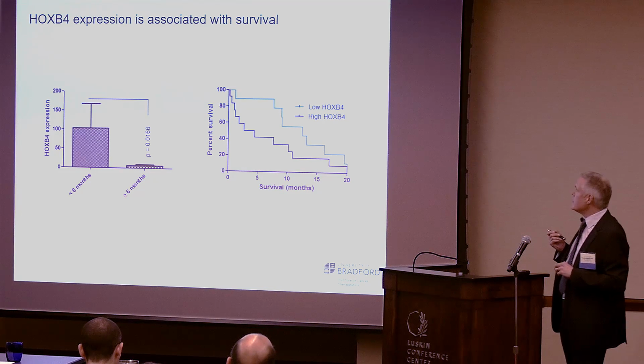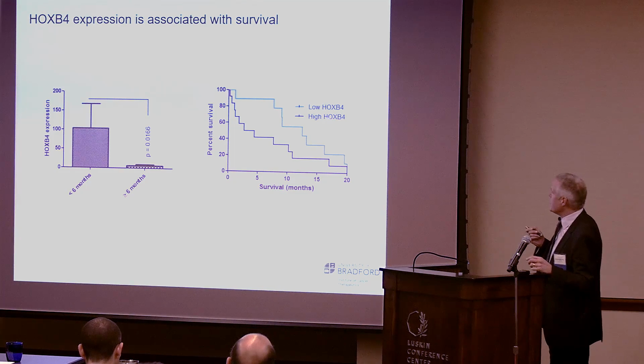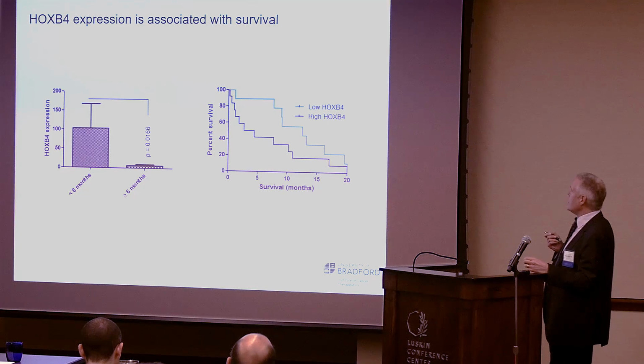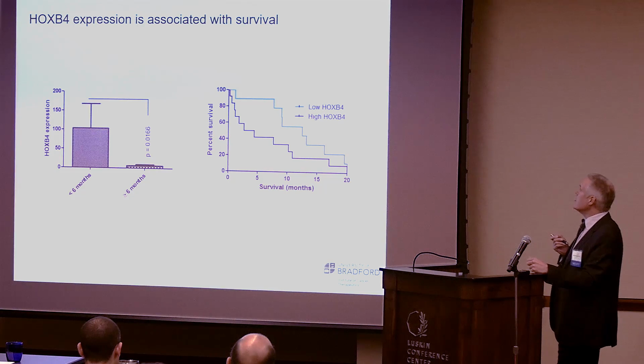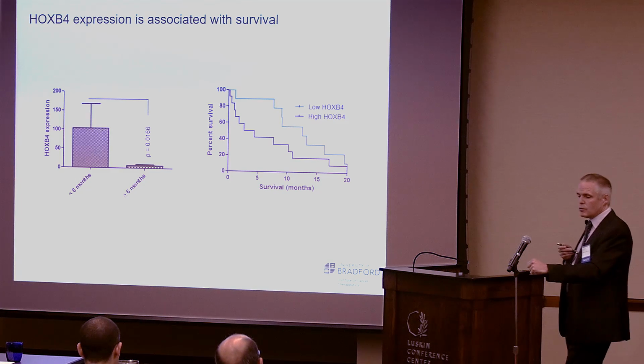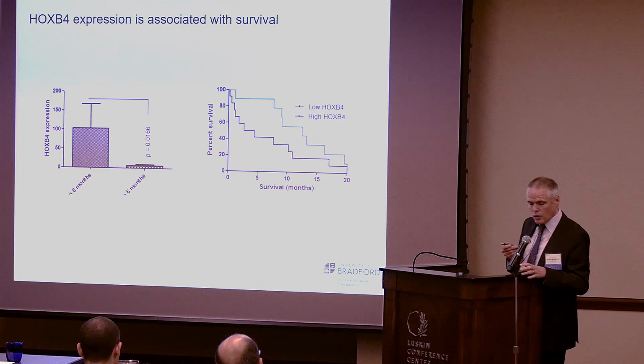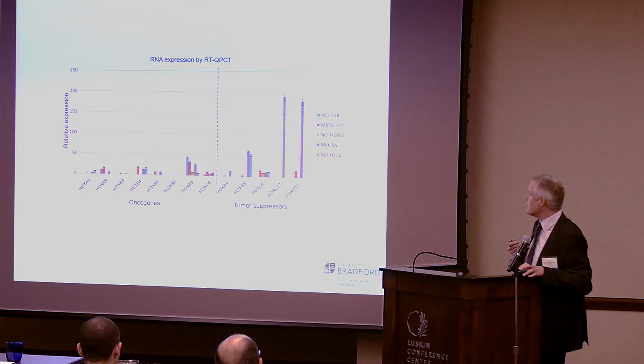But what we see is that patients who have tumours that express very high levels of HOXB4 have significantly worse survival than patients whose tumours only show low levels of HOXB4. So this also points to a role of HOX genes in the biology of mesothelioma.